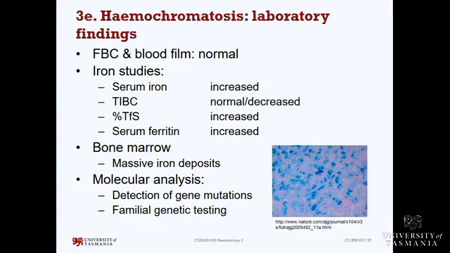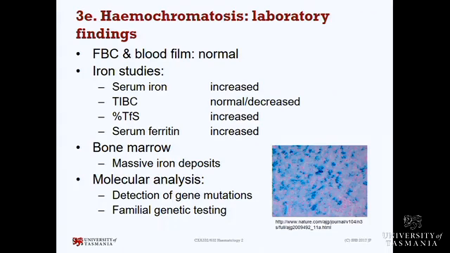Bone marrow analysis is often done with hemochromatosis because of its very vague symptoms. If we do have a bone marrow analysis, what you see is just massive iron deposits.